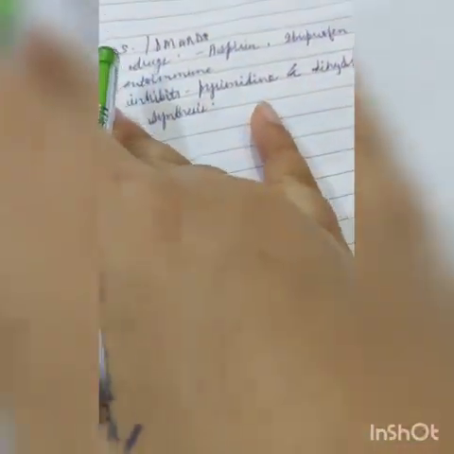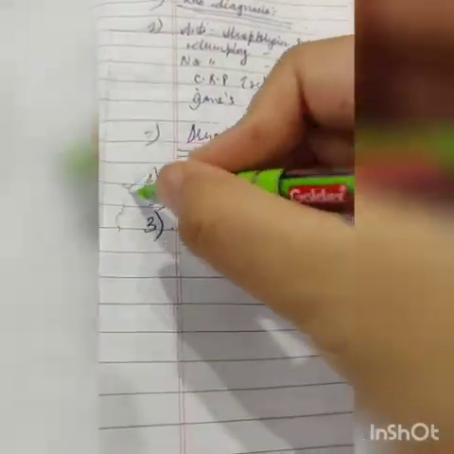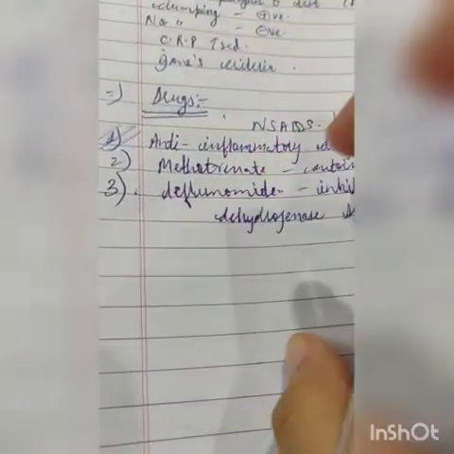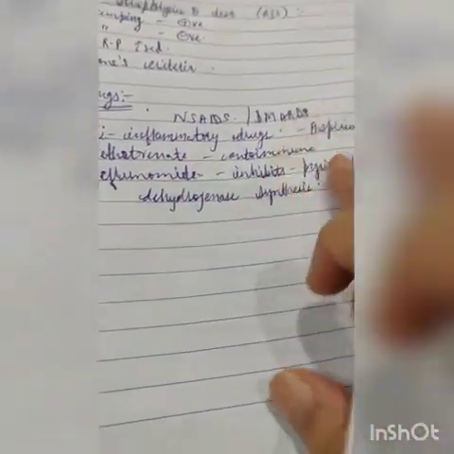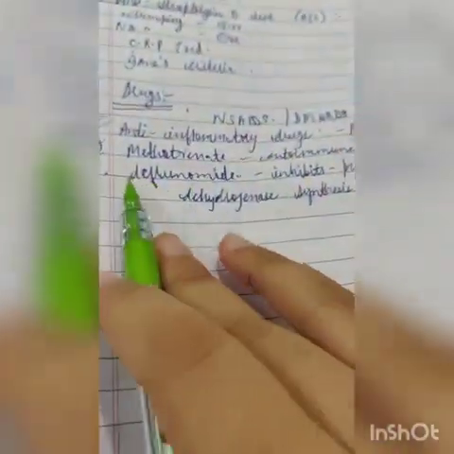Okay, and to inhibit pyrimidine and dihydroorotate synthesis, we can also give leflunomide. Okay, but basically we will prefer the anti-inflammatory drugs, that is NSAIDs and DMARDs, that is aspirin and ibuprofen. And lastly we can go with methotrexate. It's also important for your autoimmune condition.